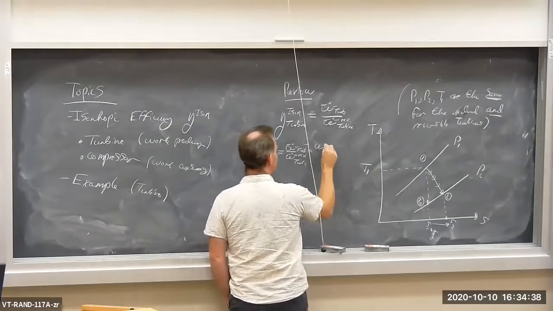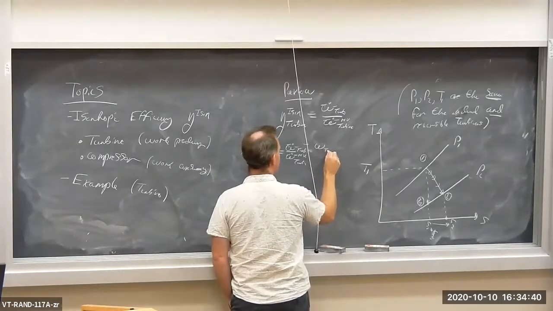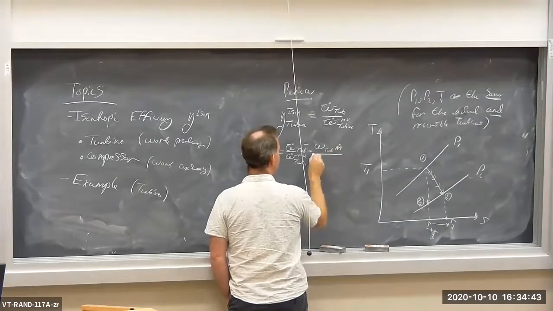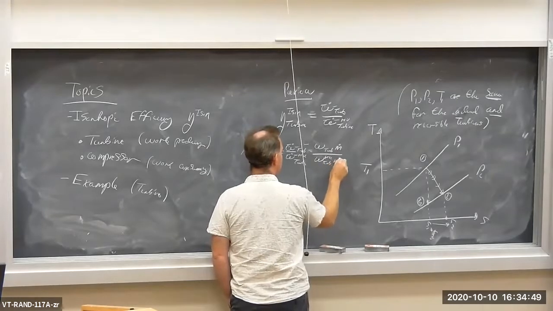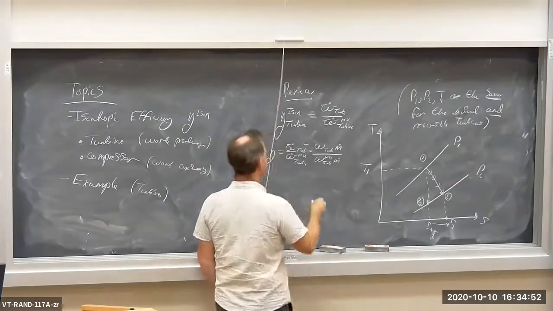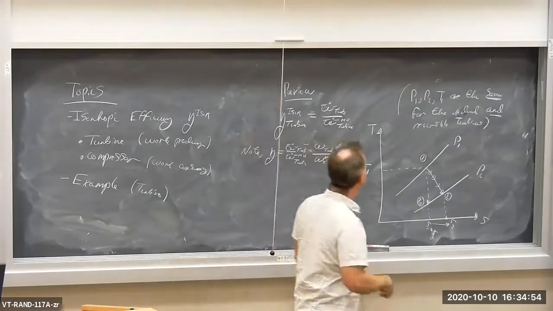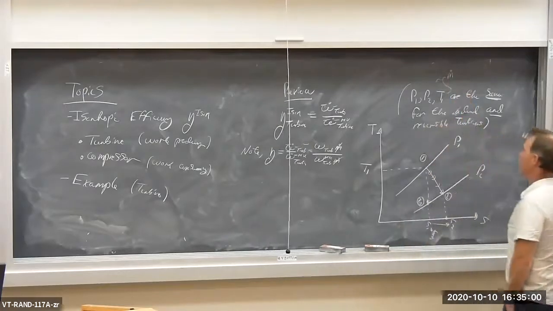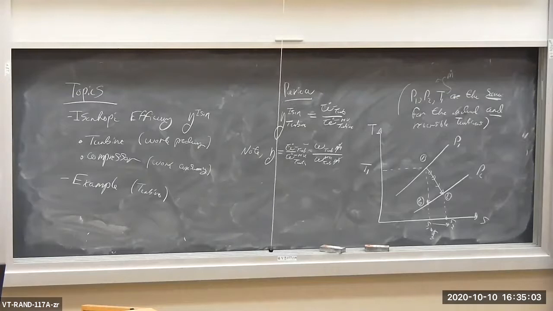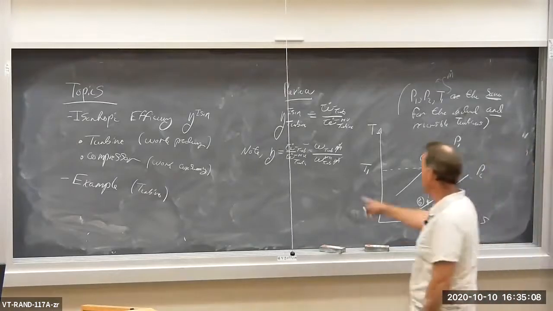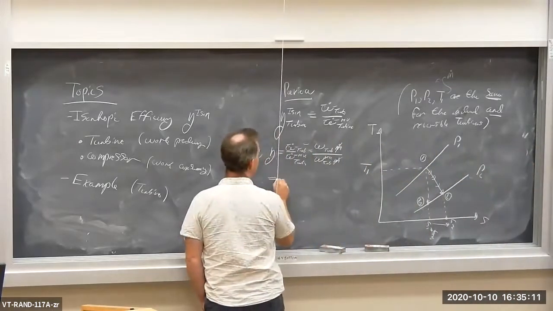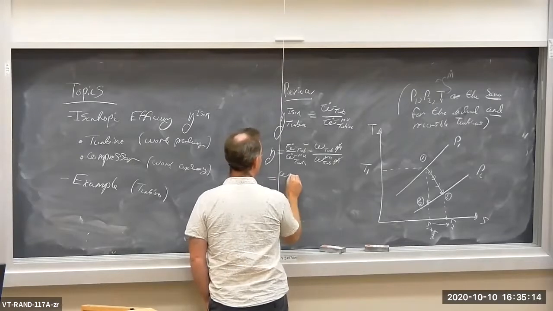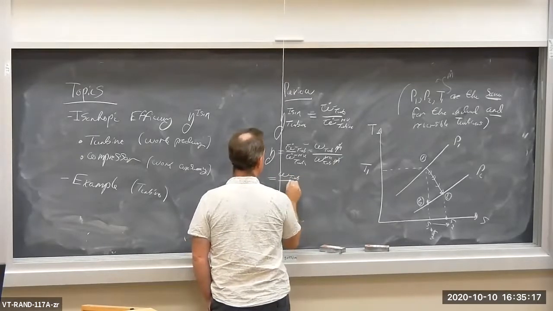I can write that as the specific work of the turbine times the m dot divided by the specific work of the reversible turbine times m dot. I guess I should have said here m dot is also the same. So P1, P2, T1, m dot are all the same. So the m dots cancel and I get isentropic efficiency is equal to the ratio of the specific works.